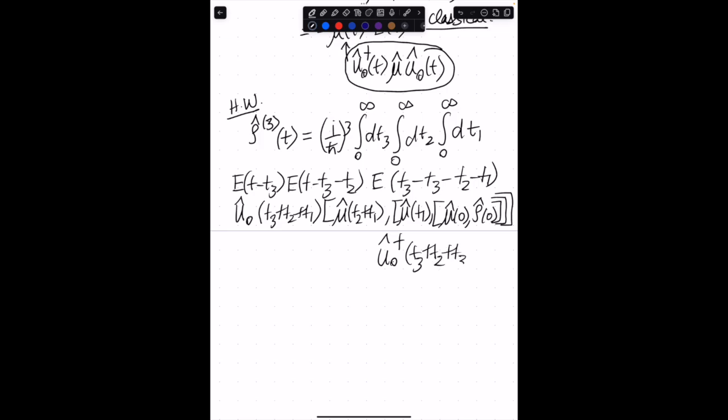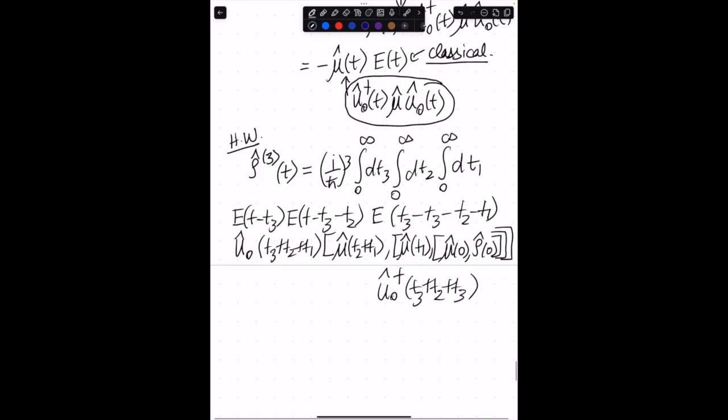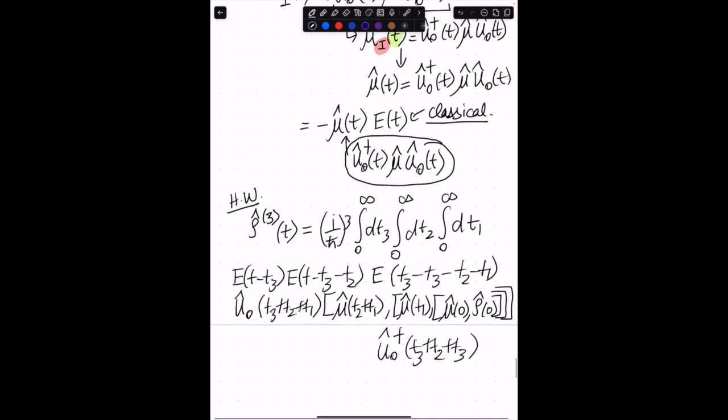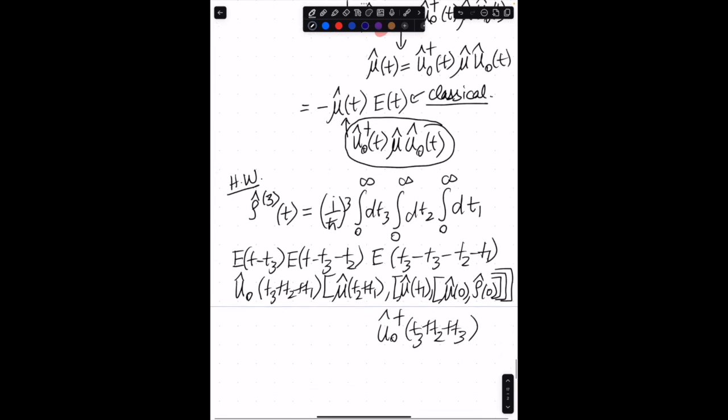And then you will also have the u hat dagger t3 plus t2 plus t1. Something which is quite essential to be understood here is the reasoning behind using E of t minus t3.